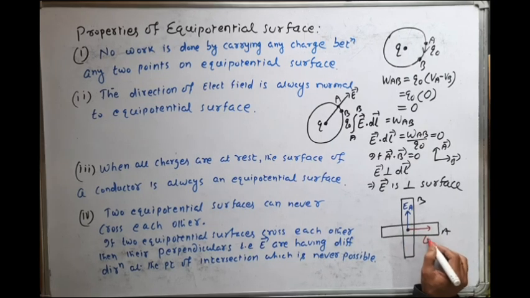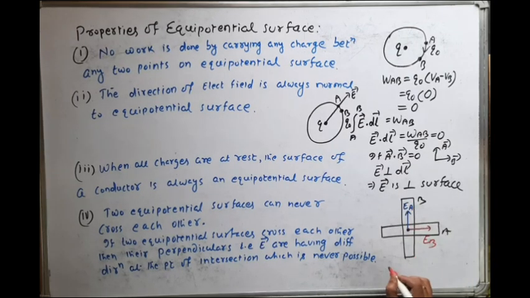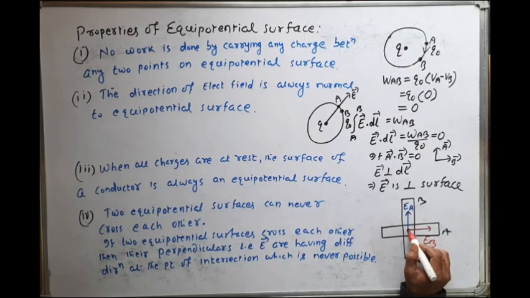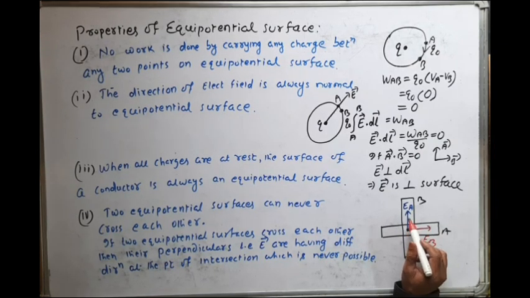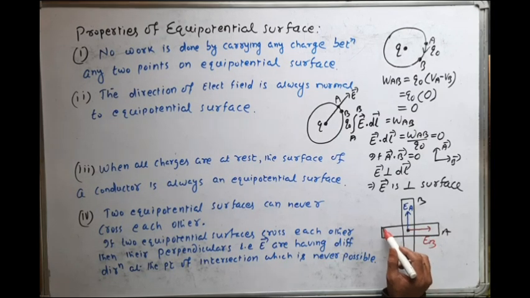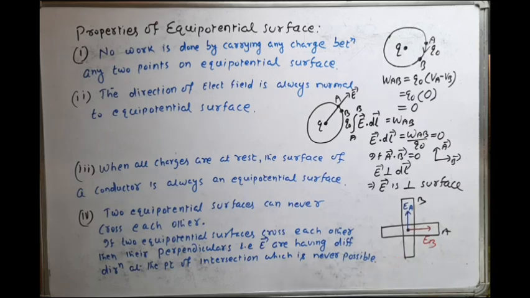It is perpendicular to the B surface. Now you see, at the same point we are getting two different directions of electric field, which is never possible. So if two different directions of electric field at the same point is not possible, then intersection of two equipotential surfaces is also not possible.